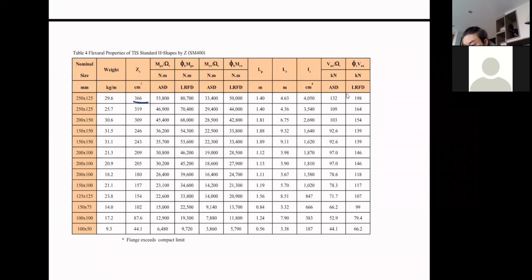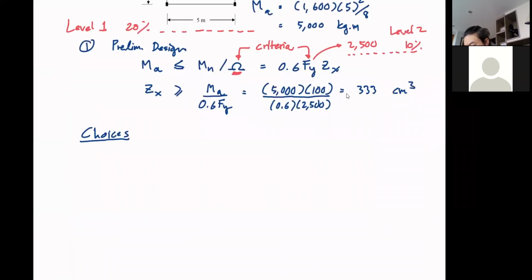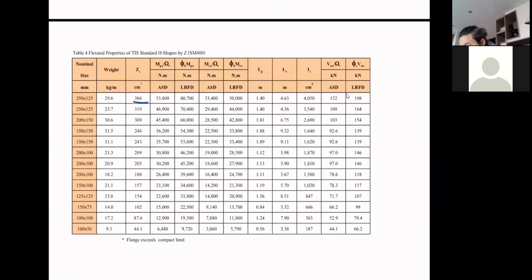So I'm just going to put it there. H 250 by 125 by 29.6 kilogram per meter. And then the ZX here is going to be here, 366.